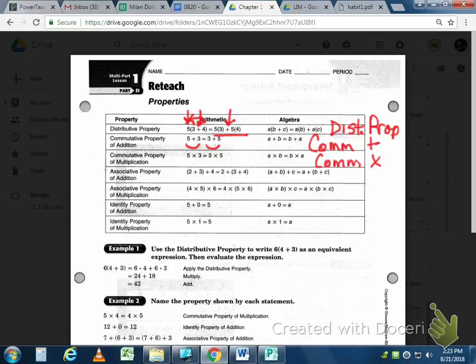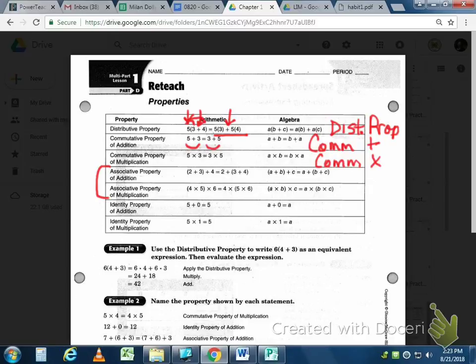Now we're going to switch to associative property. There's two of those as well. Associative property and associative of addition and of multiplication. Both of these deal with 3 values, and you have them grouped with parentheses. The associative property is doing a regrouping.